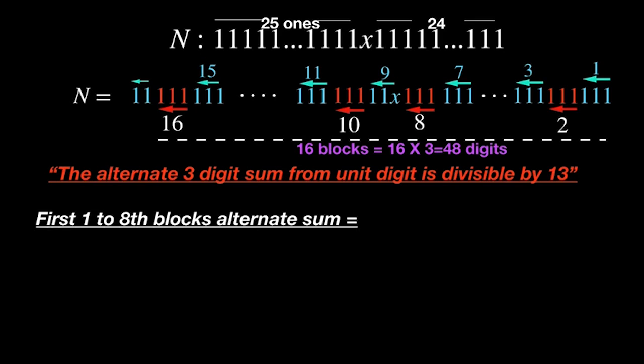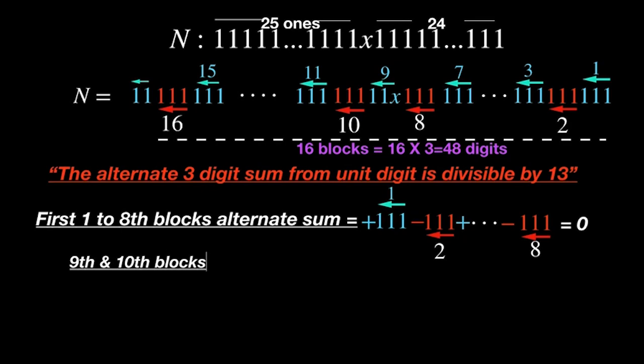So for the first 1 to 8 blocks, the alternate sum will be like this: first block, then second block, then third block, etc., up to the 8th block, and they take their signs like this, because a blue colored block takes a positive sign and a red colored block takes a negative sign.